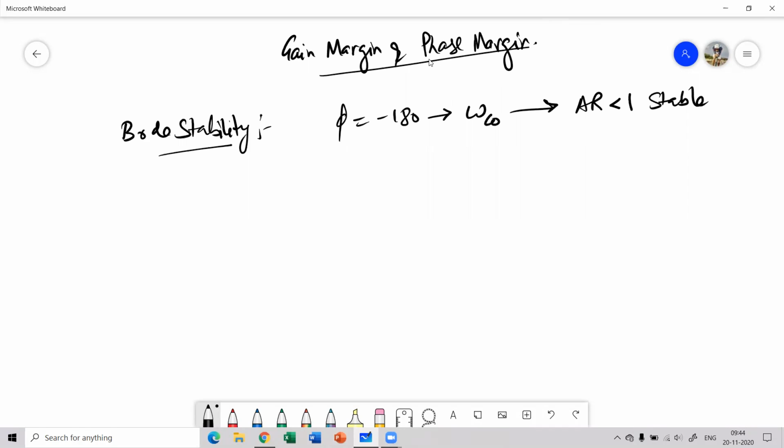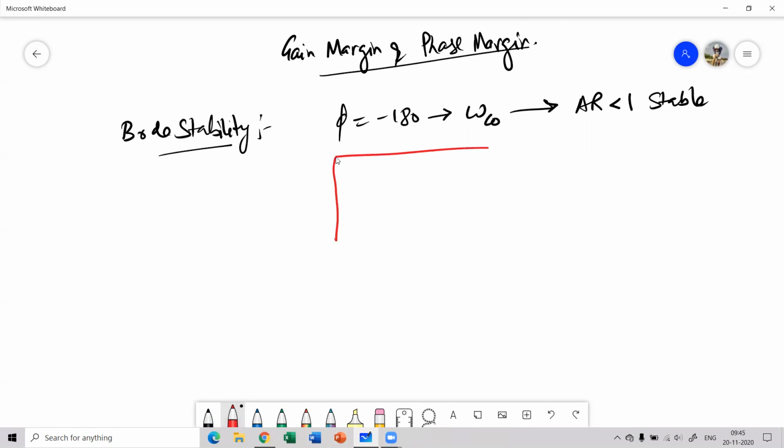If we are using a proportional controller or PID controller, we have three parameters to be optimized: Kc, tau I, tau D. All those parameters can be optimized using a standard factor of safety, and that factor of safety is basically your gain margin and phase margin. Clear? So let's first discuss a few points about Bode stability, and then we approach what gain margin and phase margin are.